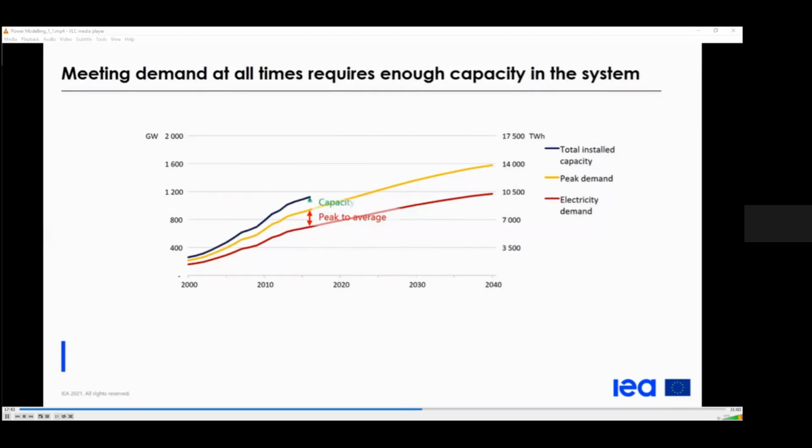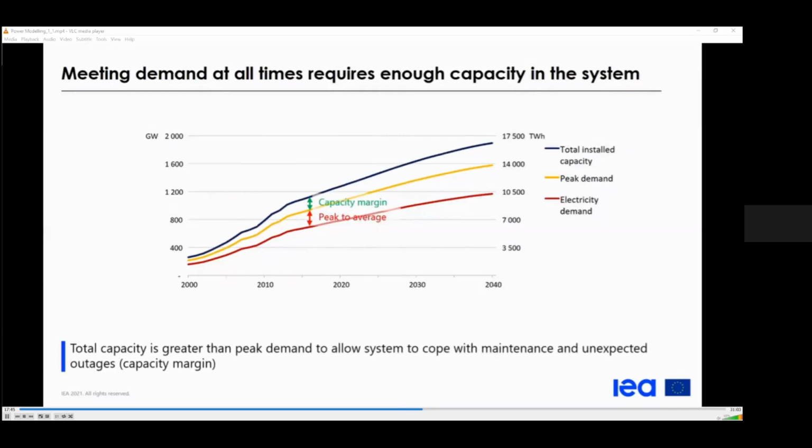This is what we call the capacity margin: an additional amount of dispatchable capacity to be sure that we have a reliable system, even if some plants are down for a certain period of time for extreme reasons like rupture of supply chains. We have this capacity margin on top of the peak demand to make sure that the system is meeting demand at all times.